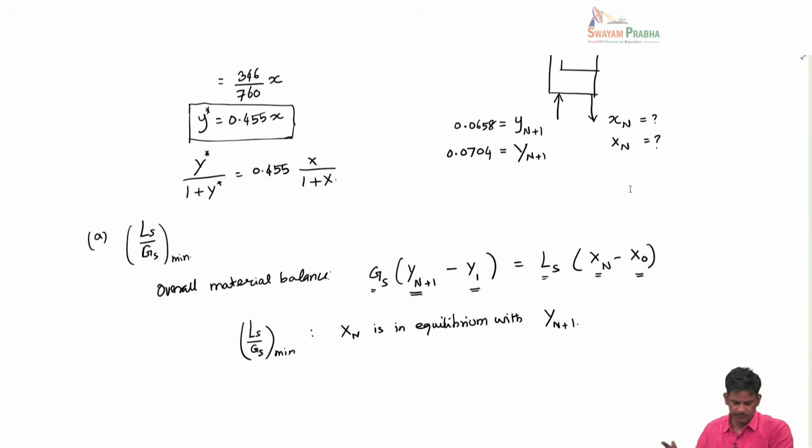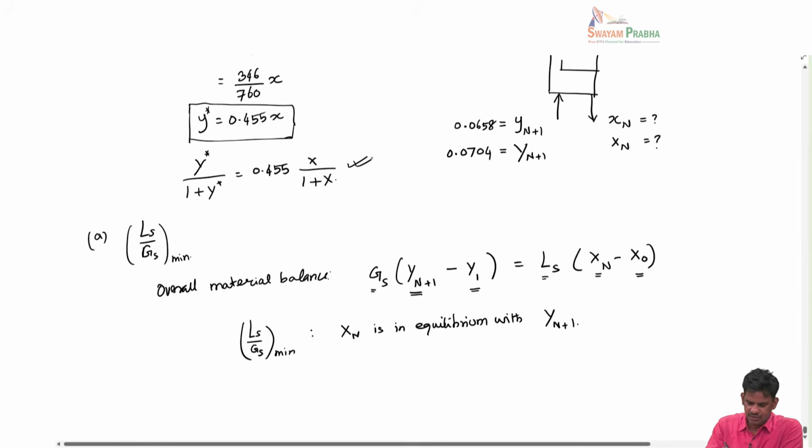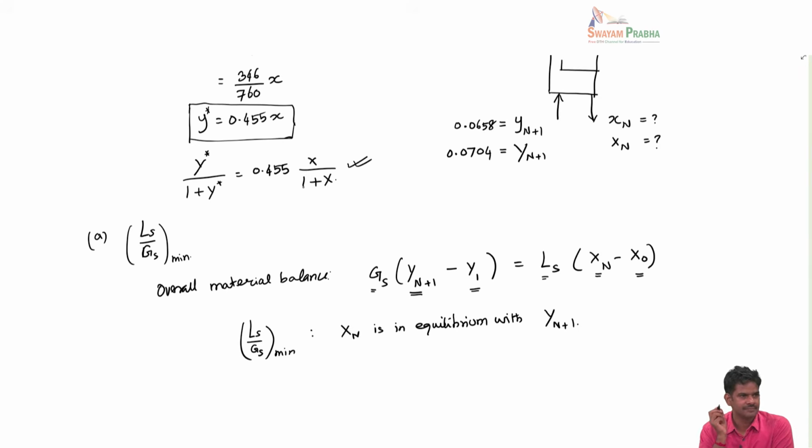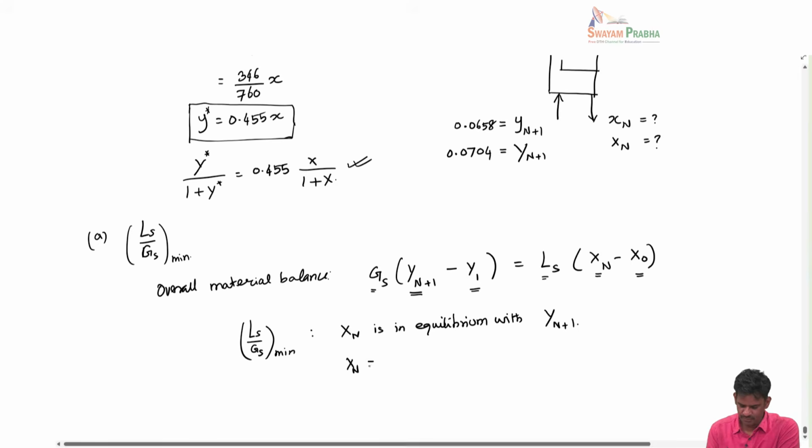So what we can do, we can use this Raoult's law in mole ratio units, substitute yn plus 1 for y star and then get x. Okay, so that is the xn that I am looking for, corresponding to minimum L by S ratio. So this will come out to be something like 0.168. So the way I'm getting this xn is that I'm substituting in this equilibrium relation the value of yn plus 1, and the corresponding equilibrium value of x would be the xn.